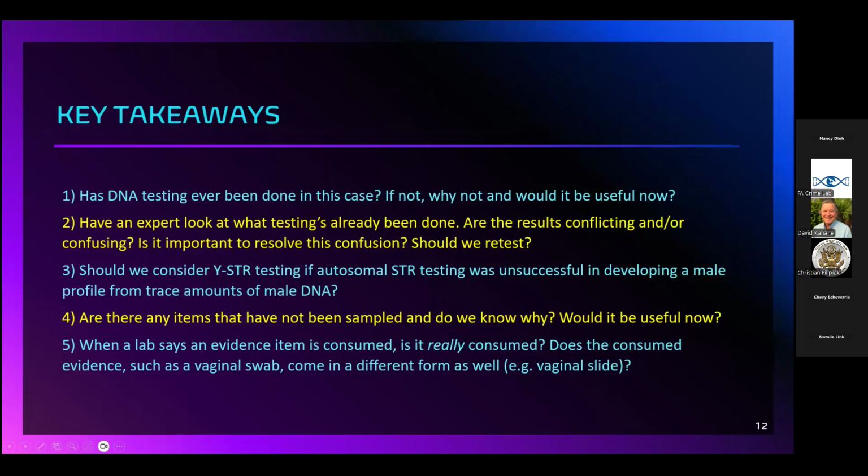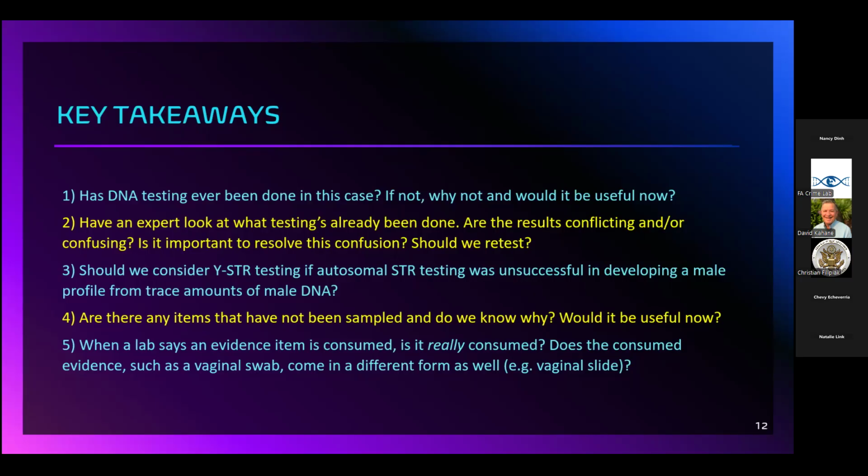So key takeaways, these are questions that you should ask yourself as you are evaluating the DNA evidence in your case. And again, even though most of what I talked about in this presentation were post-conviction cases, the same rules and the same tips and tricks apply to cold cases because the evidence is essentially the same. So you want to ask yourself, has DNA testing ever been done in this case? If not, why not?